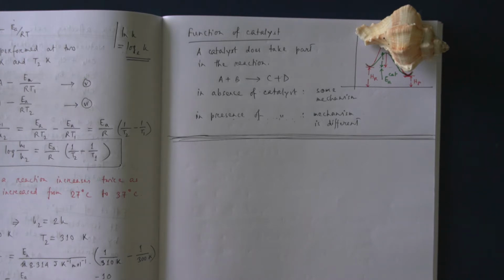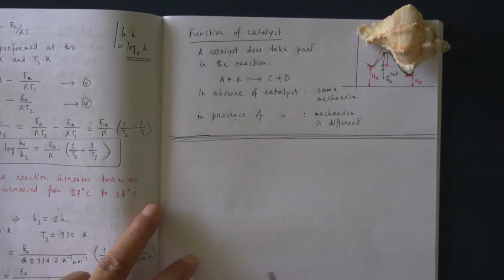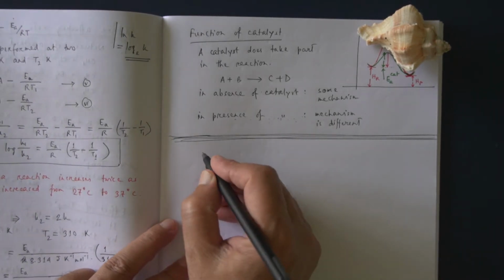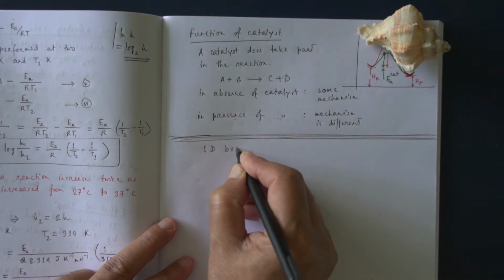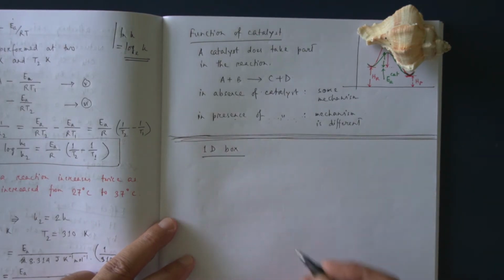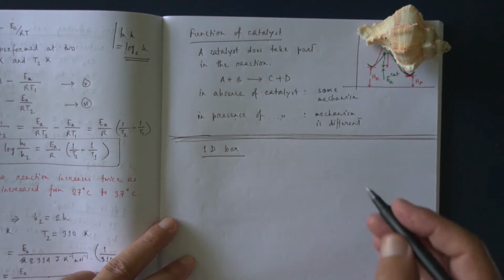some more things about particle in a one-dimensional box, then particle in a two-dimensional box, then particle in a three-dimensional box. So let us first see particle in a 1D box.